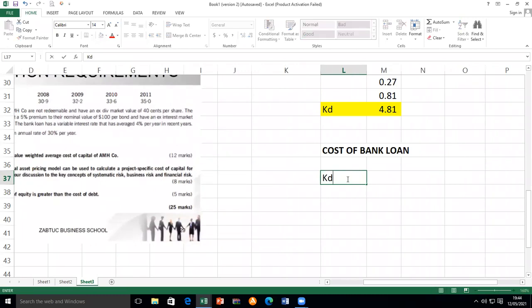Are we happy with that? How much are you finding? 4.81. 0.048. Exactly. Okay, the cost of the bank loan is here.